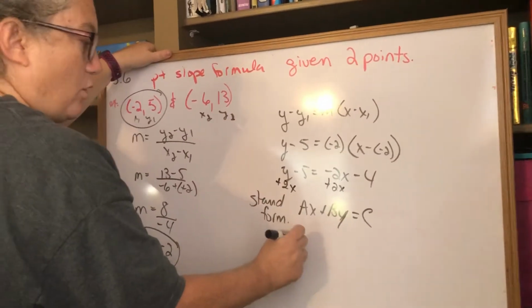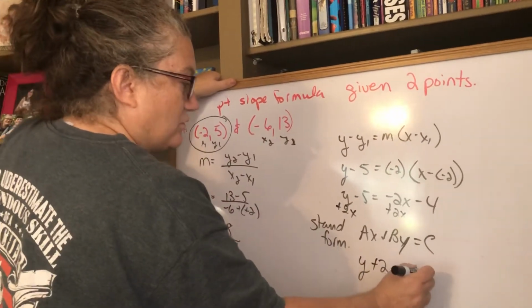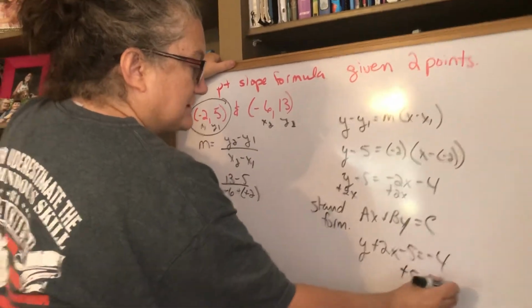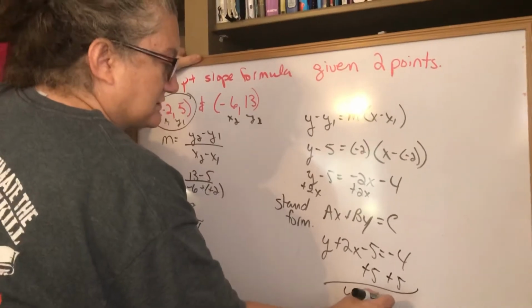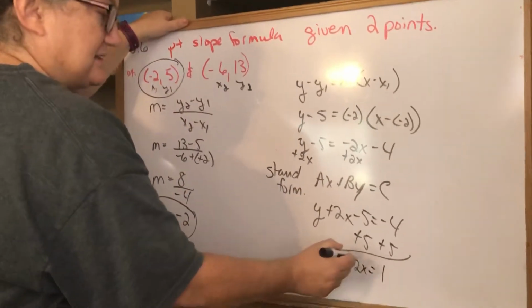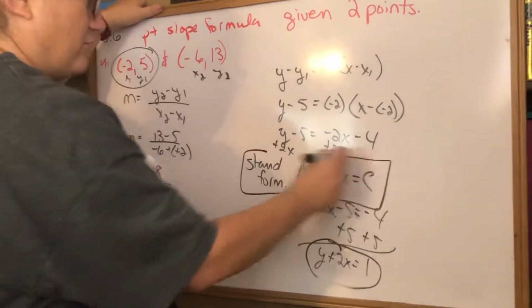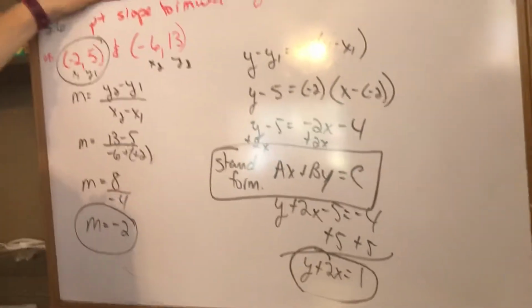And I have y plus 2x minus 5 equals negative 4. I'm going to add 5 to both sides. And I have y plus 2x equals 1. So this is the standard form. And here's the standard form equation, ax plus by equals c.